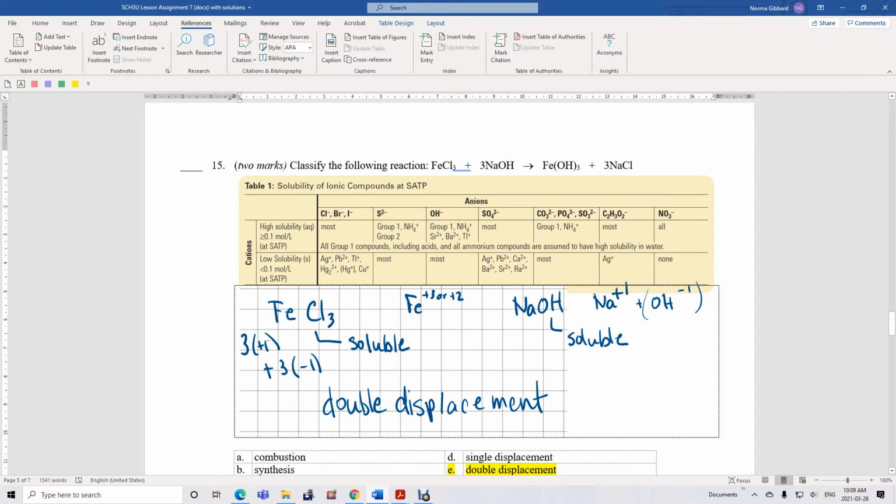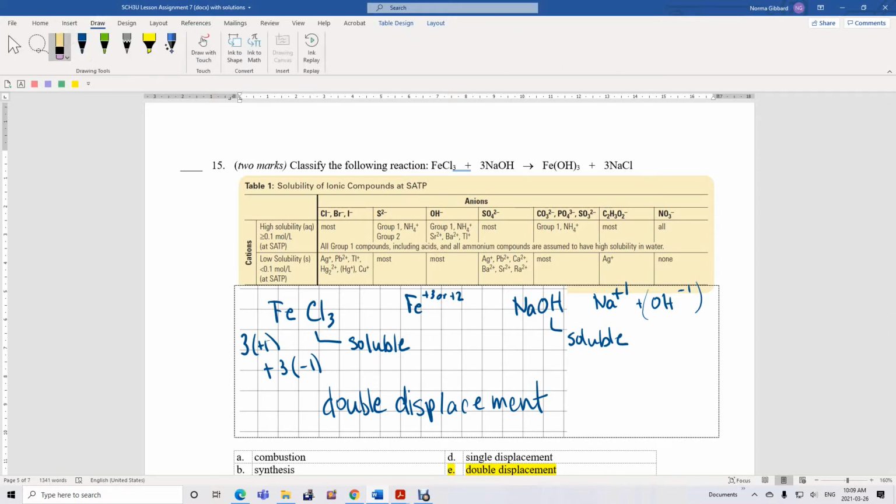Well, the valence of Fe is +3 or +2. We're not sure which. And then we have Cl3. Well, Cl3 from our table is soluble. And chlorine is a -1, so we have 3 times -1.